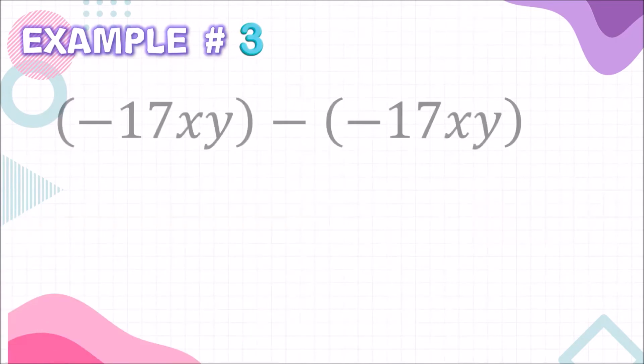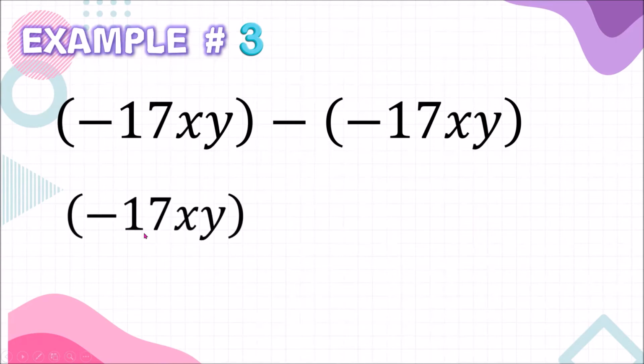Example number 3. We have negative 17xy minus negative 17xy. So copy negative 17xy. Negative 17xy here will become positive and then proceed in addition. So we have here common variables xy and then negative 17 plus 17.